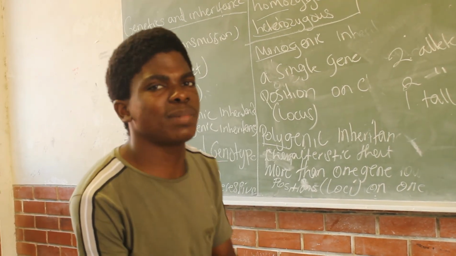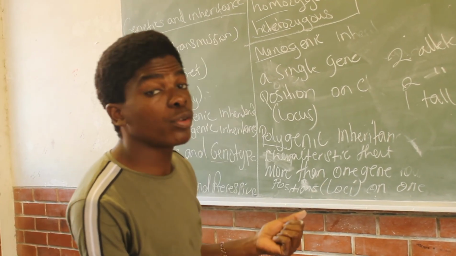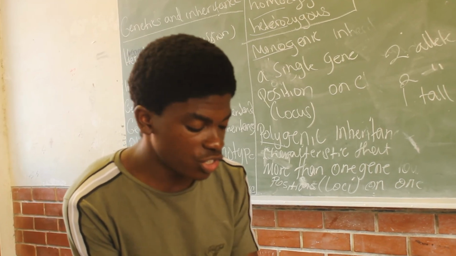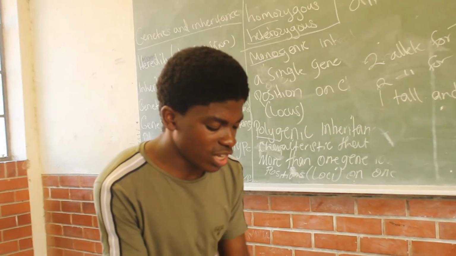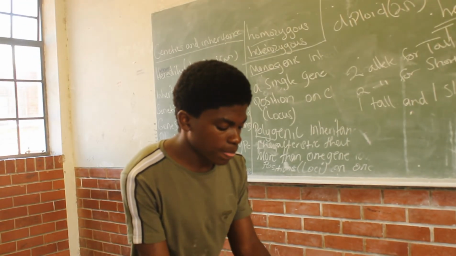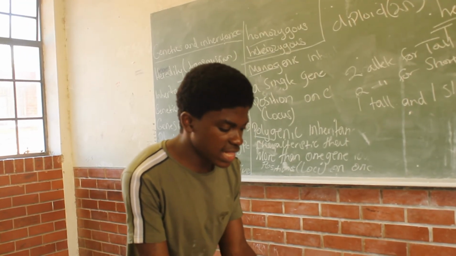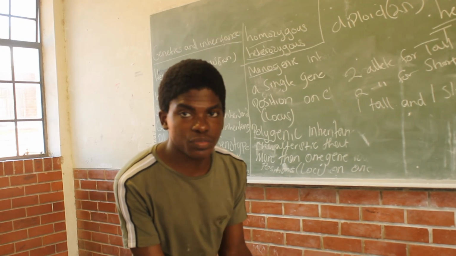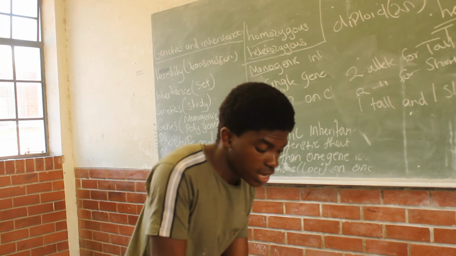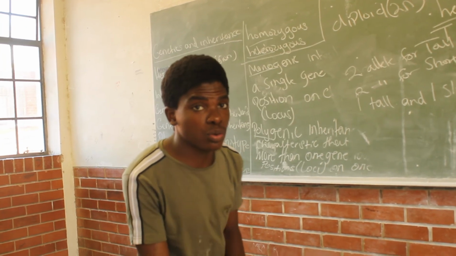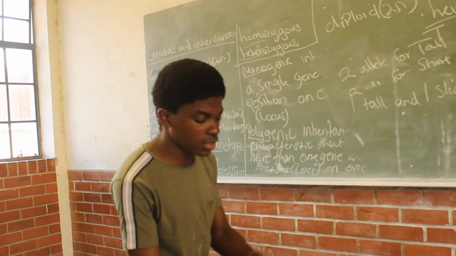Then we are going to explain Mendel's law of dominance and the law of segregation. Afterwards we are going to do maybe two examples of a monohybrid cross, and then talk about the three types of dominance. That will be it for today. In our next video, we are going to talk about multiple alleles.